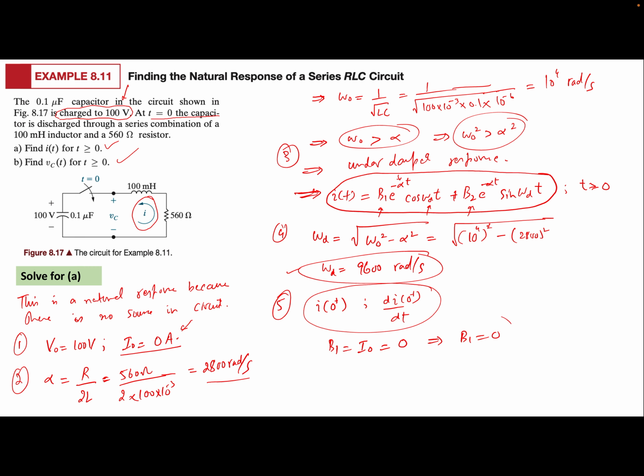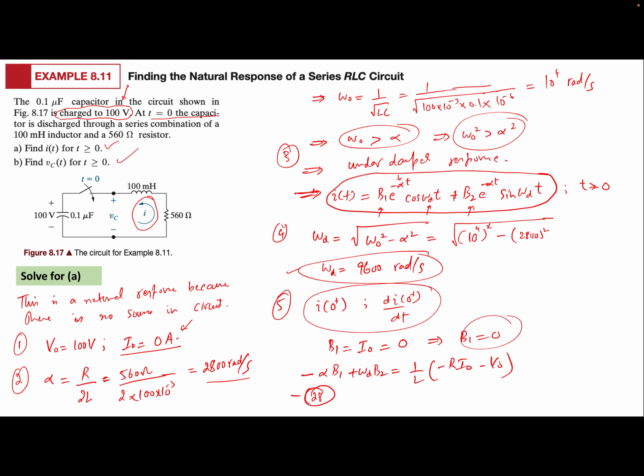The second equation was minus alpha times b1 plus omega d b2 equals 1 over L times minus R I naught minus V naught, right? Minus alpha is 20, so it doesn't matter, b1 is 0.